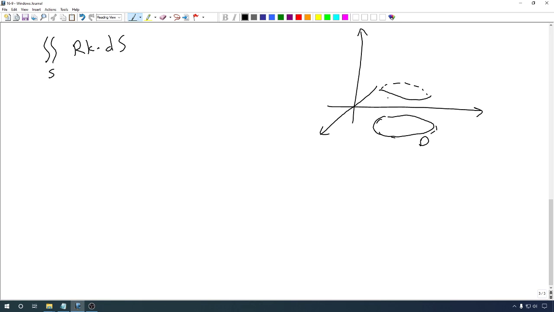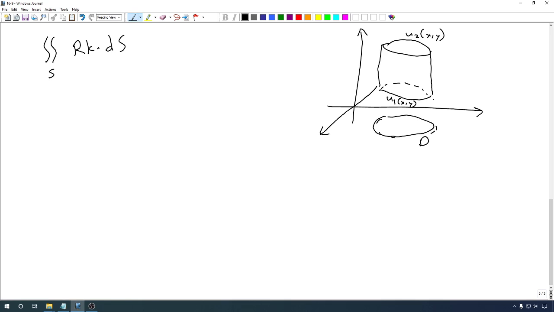We have the one given by u1 of x, y. We have another surface up here. This is given by u2 of x, y. And then we have a vertical surface that is just basically over the boundary of D.